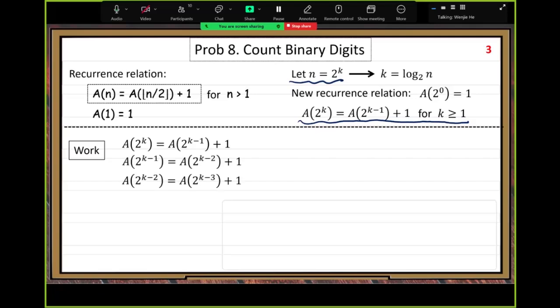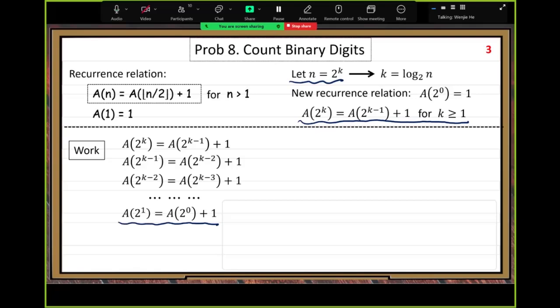Next time, another division by 2, but we always get the problem size a power of 2, and so on, dot, dot, dot. And when we reach the bottom, we get the last equation, like this.